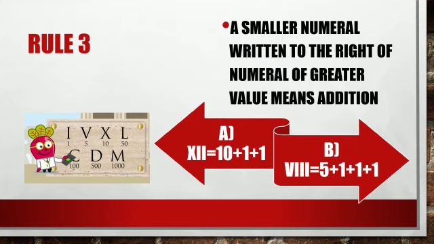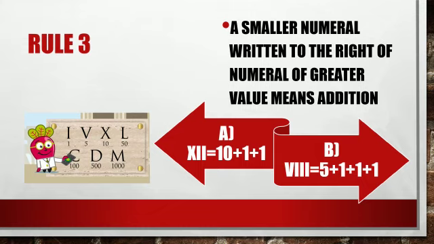A smaller numeral written to the right of a numeral of greater value means addition. Let's understand this with our example. Let's take the Roman numeral XII, which is equal to X, which stands for 10, you can have a look at the chart, plus I, which stands for 1, plus I, which again stands for 1, is equal to 12.